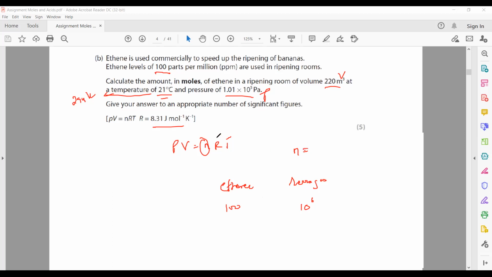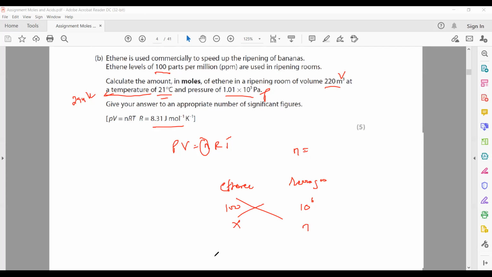Because this n gives the number of moles of gas present in the room, using this value of n we can work out x here. Is it clear? This is the question we already discussed in the last session, so I'm not calculating the value, I'm just explaining the idea again.